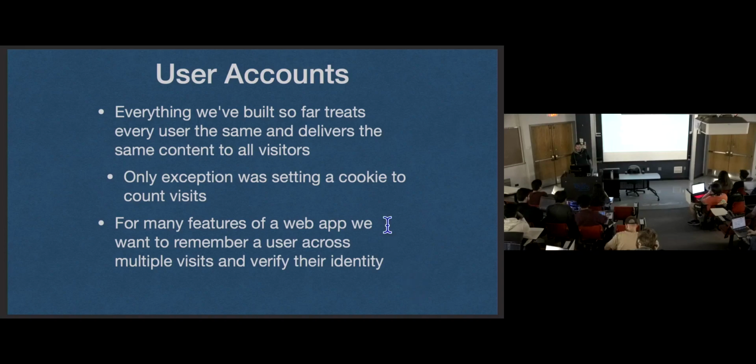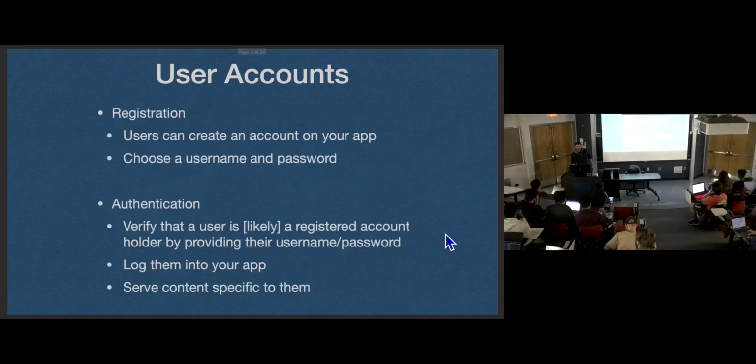So let's add features that need our users to be authenticated. For this, it happens in 2 steps, registration and authentication. Registration, you send a username and password, sometimes email address, usually just email and password, or username and password to create an account. You've all created tons of accounts before. I don't have to dwell on that.